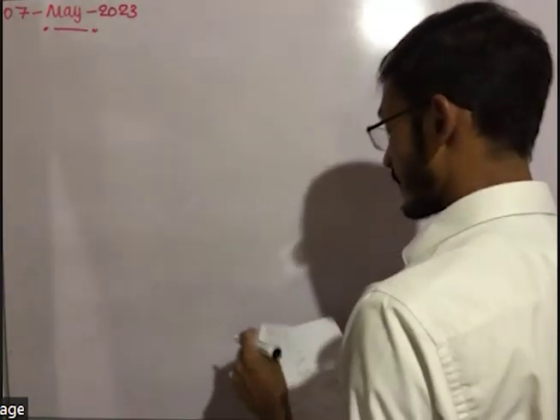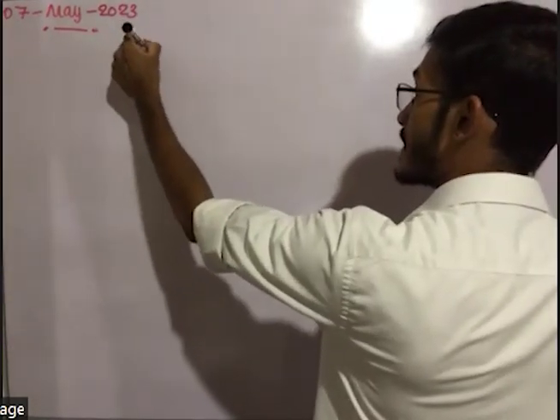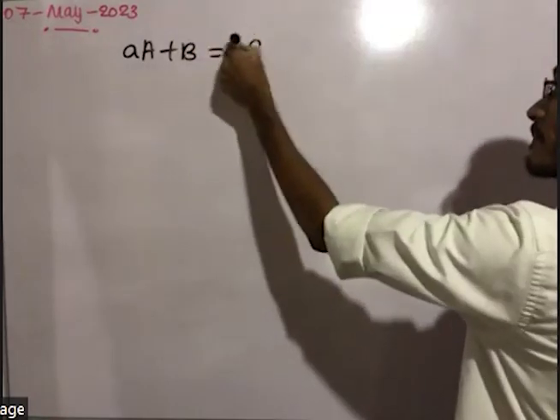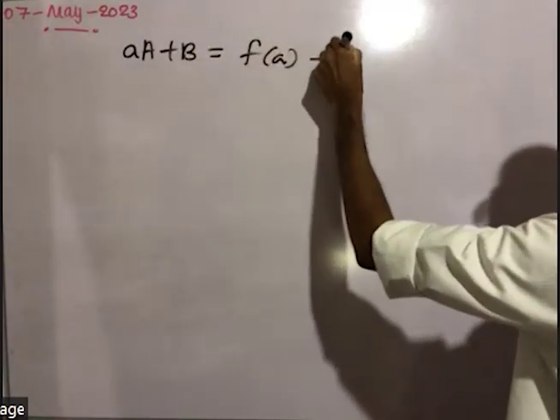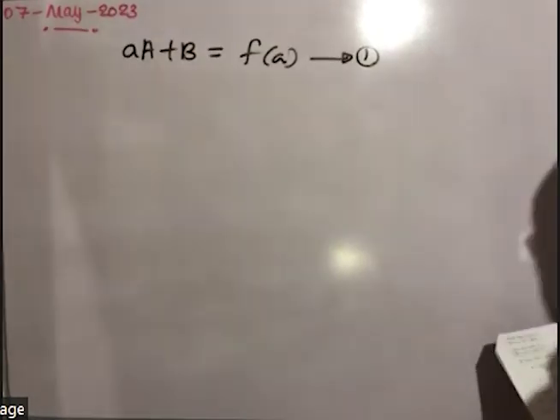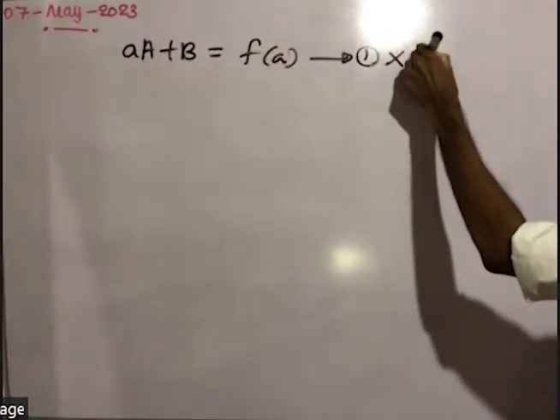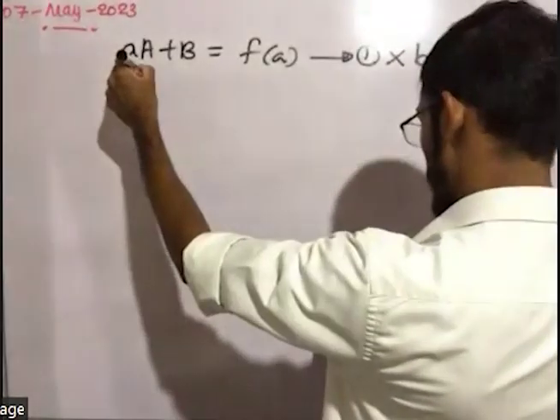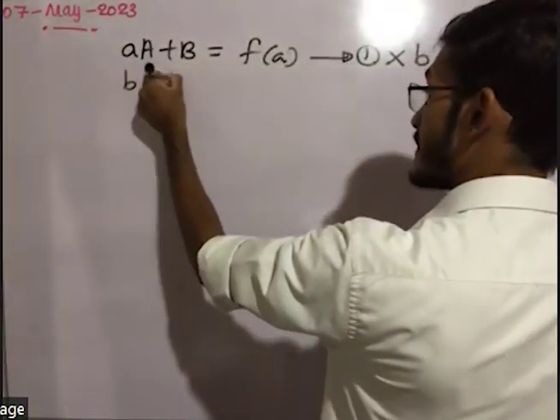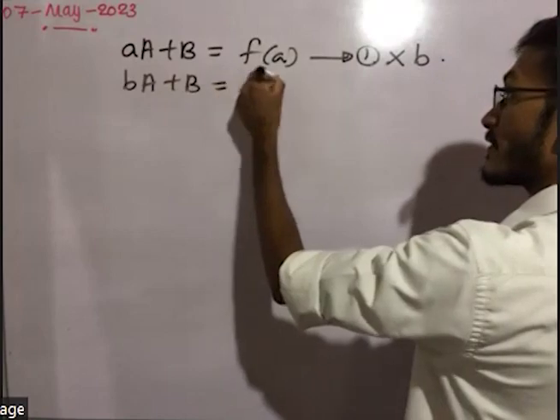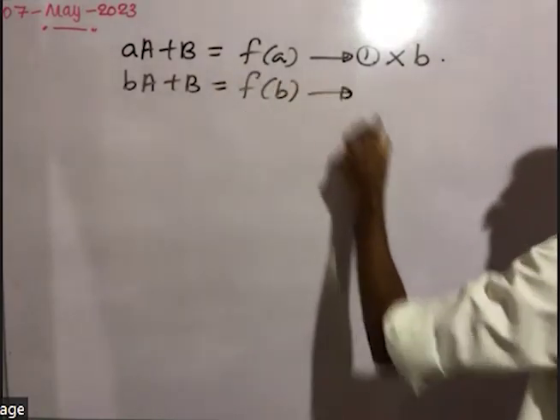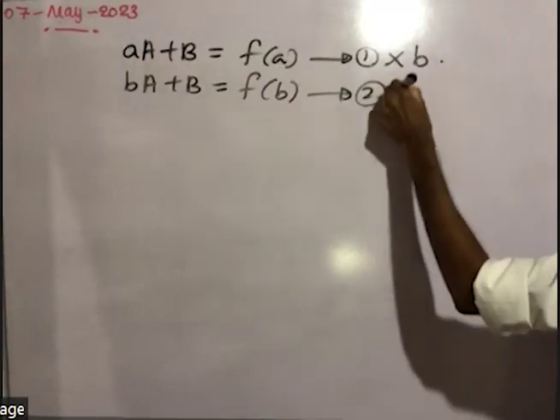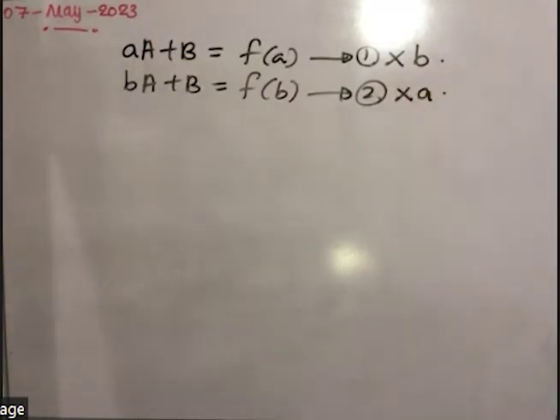Number 1 means A capital A plus B is equal to FA. This is number 1, so I will multiply this whole expression by simple B. Then the second one, B capital A plus B is equal to FB. This is the second equation, number 2, so I will multiply this whole equation by simple A.